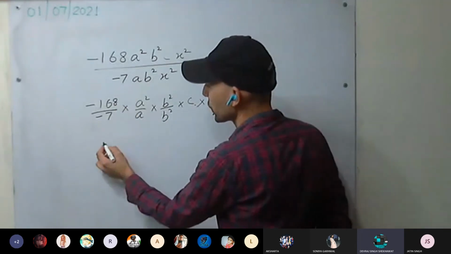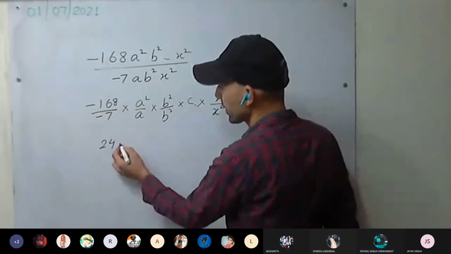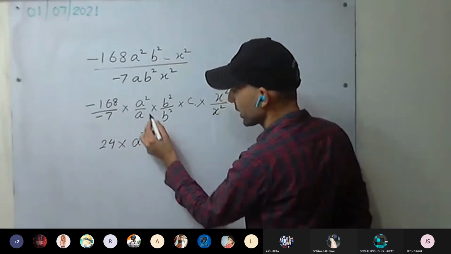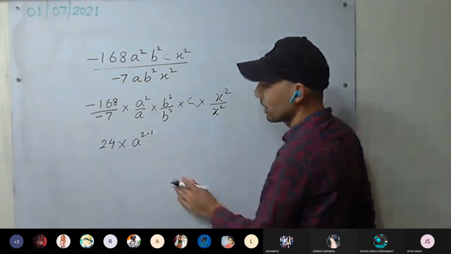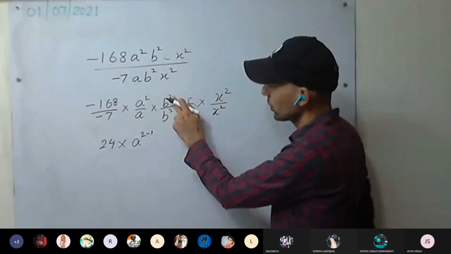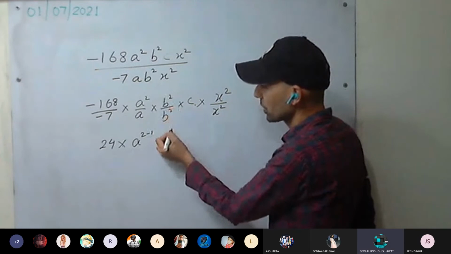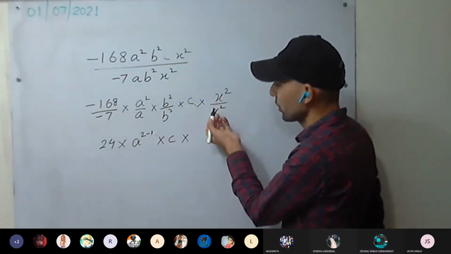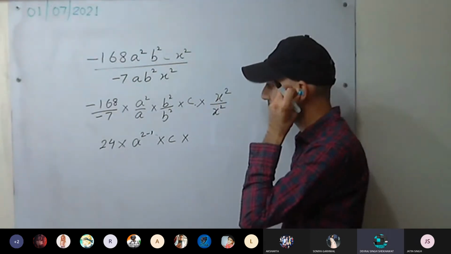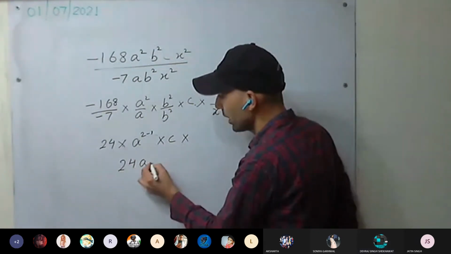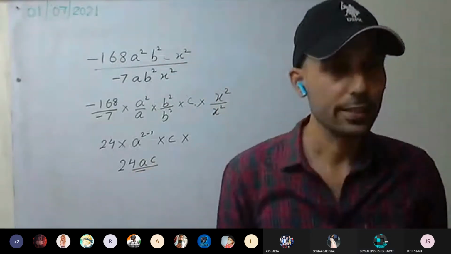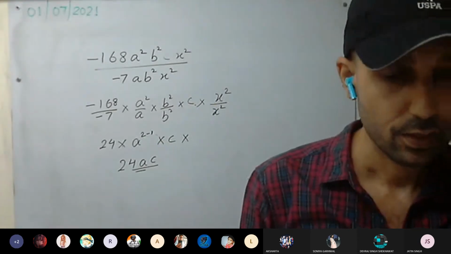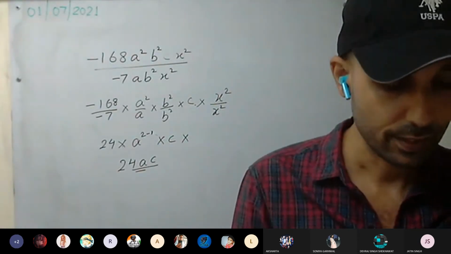Then 28, 24. So minus and minus will get plus, and it will be into a. A square divided by a gives a. B square gets cancelled. A will be there, into c. X square divided by x square is again 1. So 24 a c. This is the answer you all will get. 24 a c. Anyone have doubt here? Anyone have doubt?